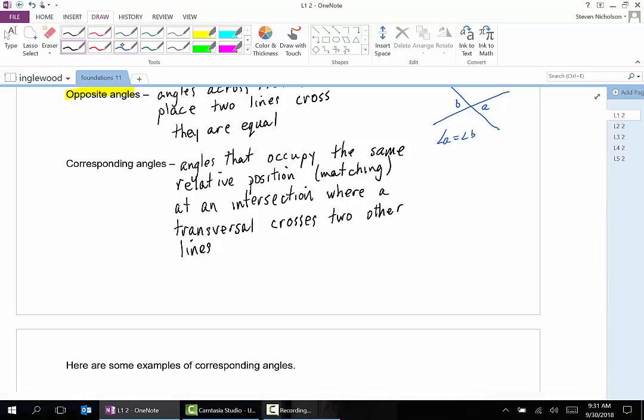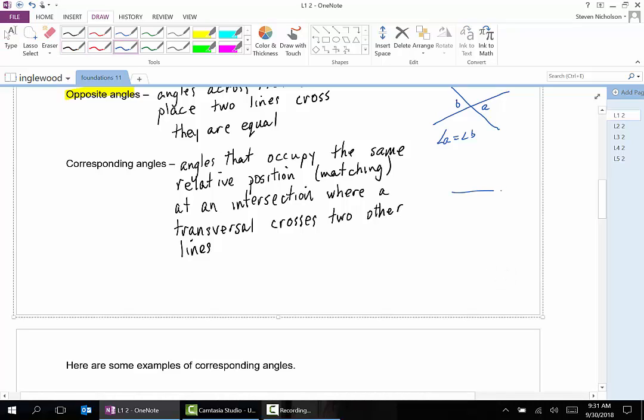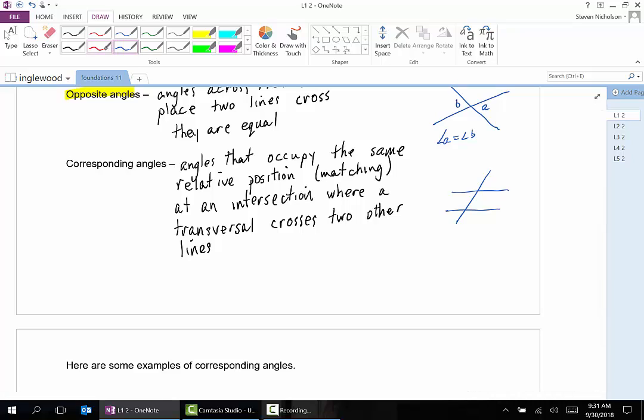So if I drew you another little picture, this angle here, I'll call it angle A again, this angle B, those are corresponding. So they match. They are on the same side of the transversal, and they are above each one of the parallel lines. And when that happens, they are equal. And hopefully that's what you saw.